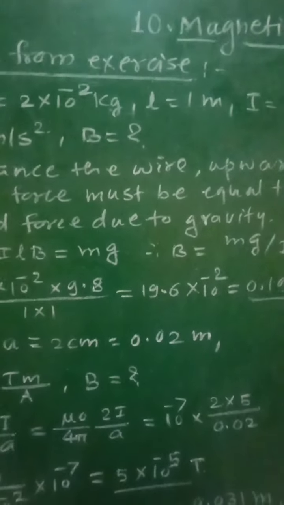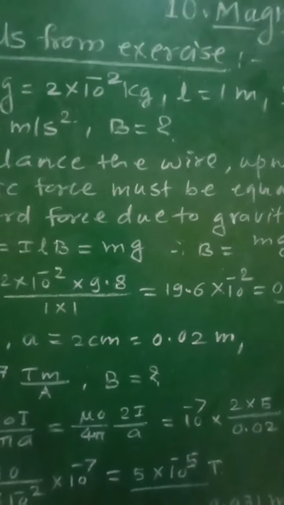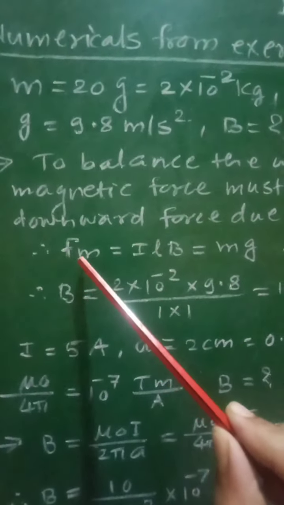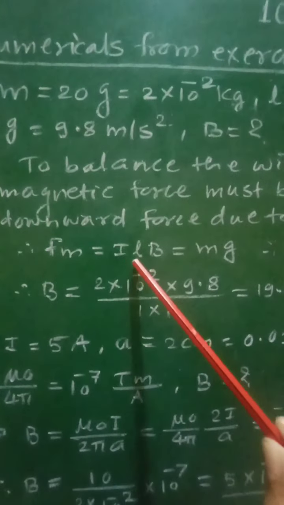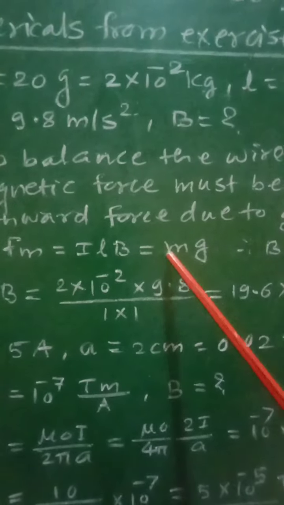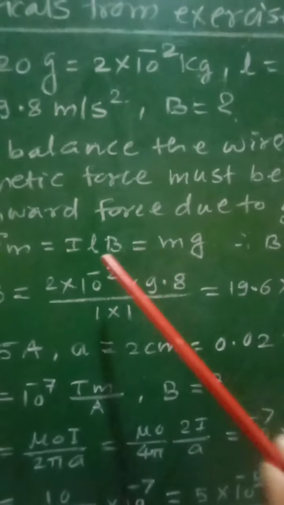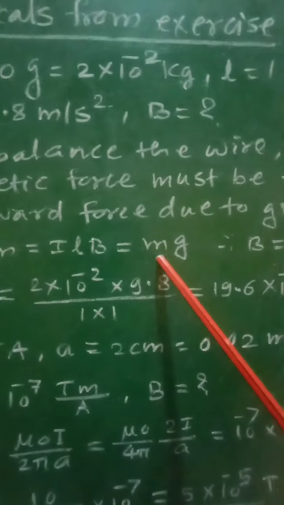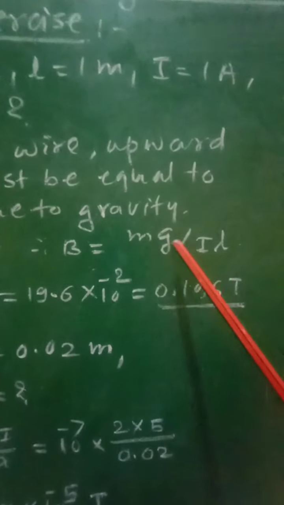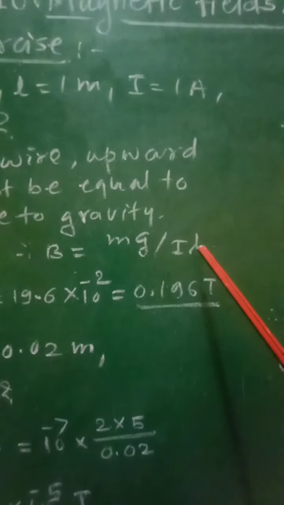We know that the force acting on a straight conductor carrying current is given by the formula ILB, and therefore the magnetic force Fm will be given as ILB, and in order to balance that wire, it must be equal to force due to gravity, that is weight of that wire, mg, and therefore ILB must be equal to mg. Therefore B will be equal to mg upon IL.